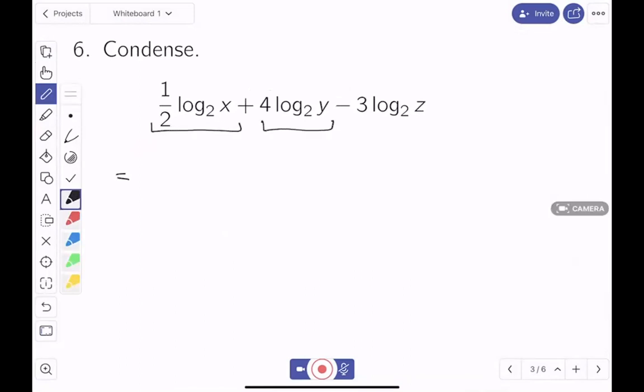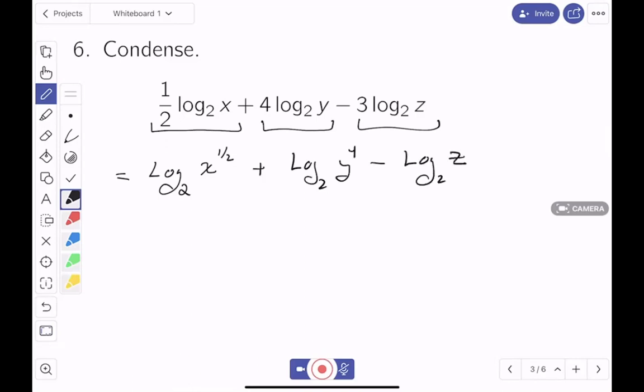We'll do the second term and the third term, one at a time. So it's going to be log base 2 x to the 1/2 power plus log base 2 y to the 4th power minus log base 2 z cubed.